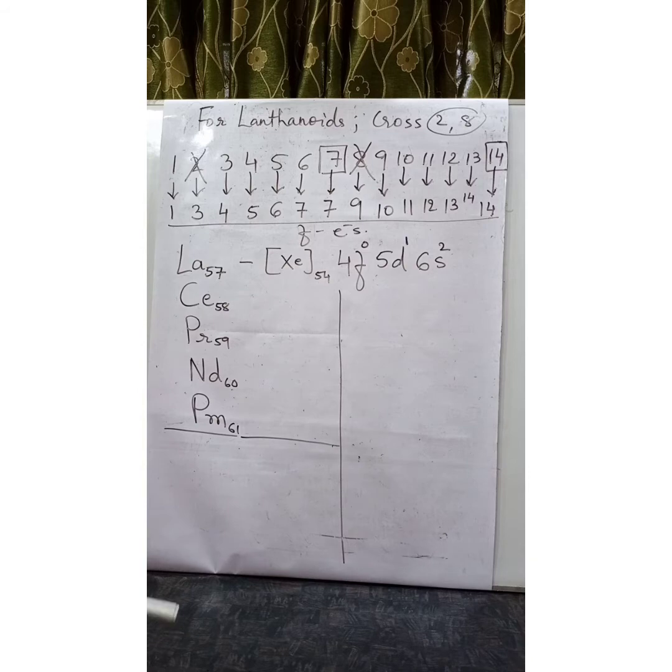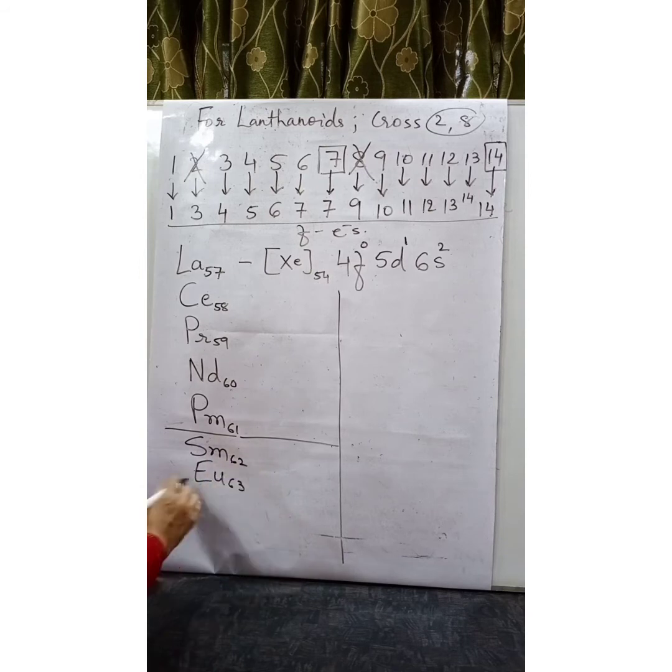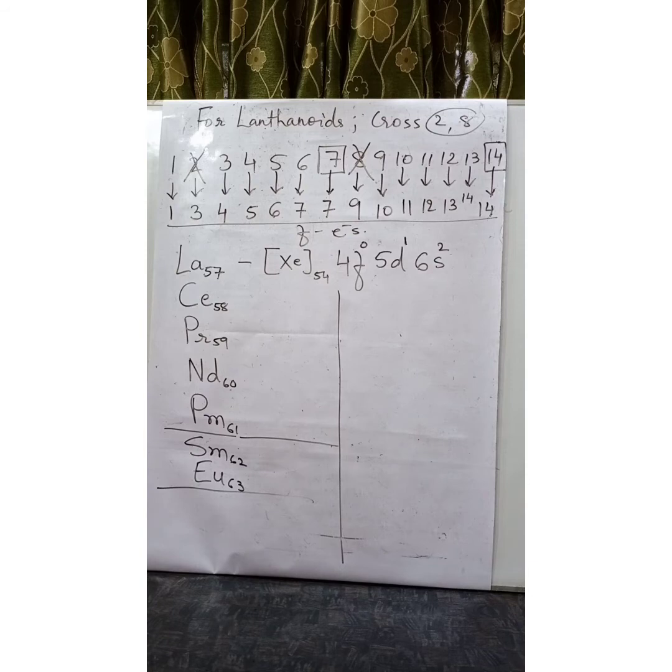After this we go on to the next phrase: "Shame on Europe." Sm stands for samarium and Eu stands for europium, 62 and 63, two elements. Then the third phrase: "Good tables are dying."